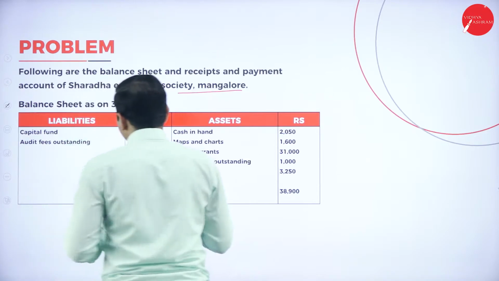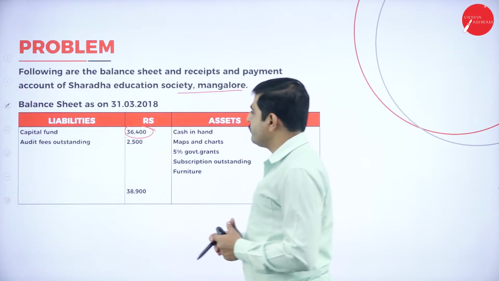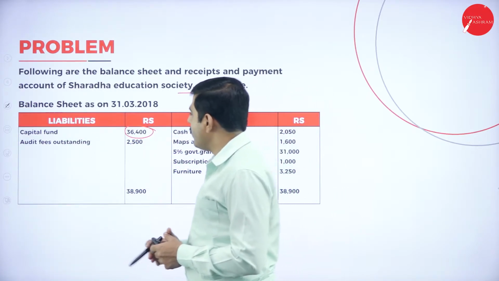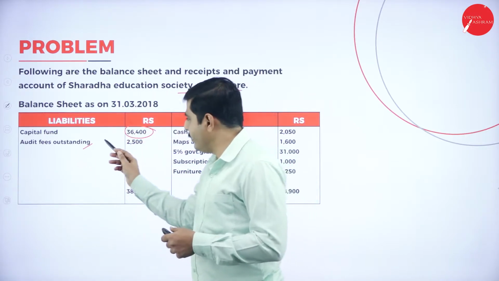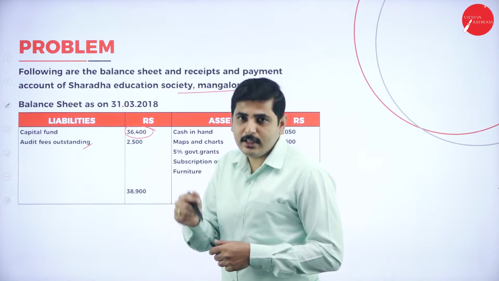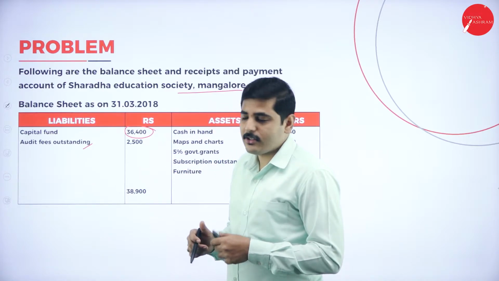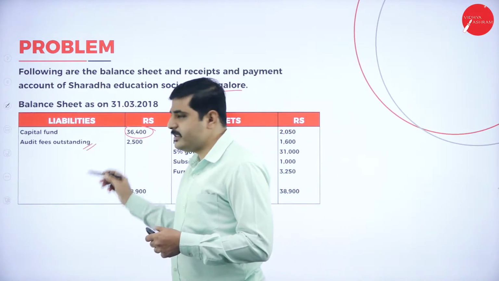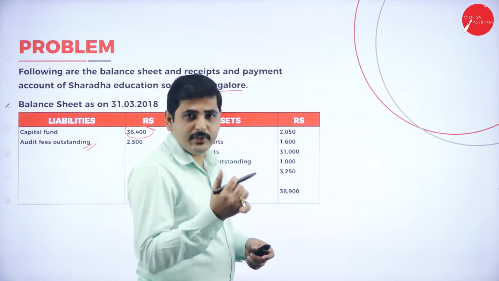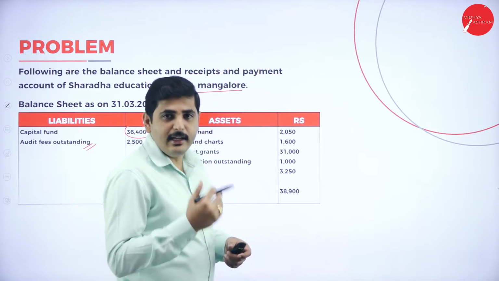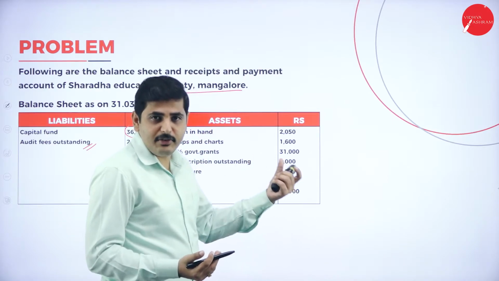Now let's see. Capital fund 36,400. Next one, audit fees outstanding. Where we have to take this? This amount will be included in the current year's audit fees. So any outstanding of the previous year, deduct it. Again I will write here: any outstanding of the current year we should add, any outstanding of the previous year we should deduct.